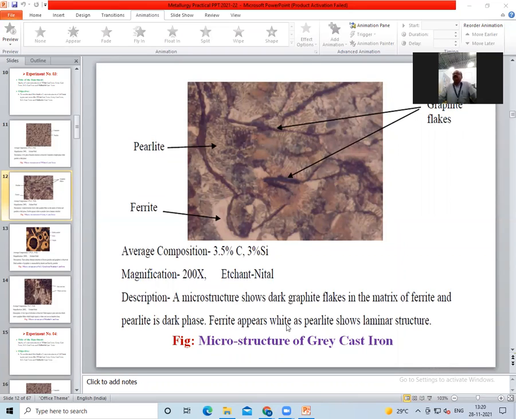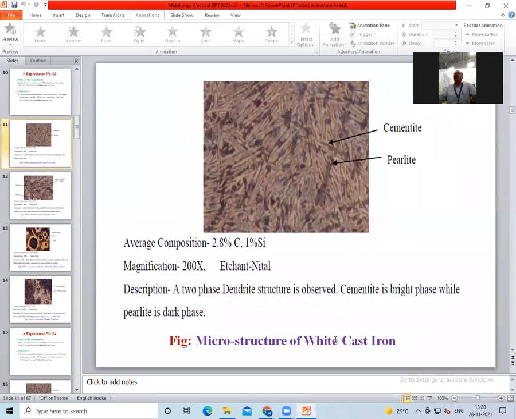So ferrite appears white, as well as perlite laminar structures. This is the perlite, and this is ferrite, and this black color is actually graphite. So this is the structure of gray cast iron, perlite and ferrite. Now you can see here 3.5% carbon is there, silicon is higher, but the perlite ferrite structure is a little bit softer than white cast iron.